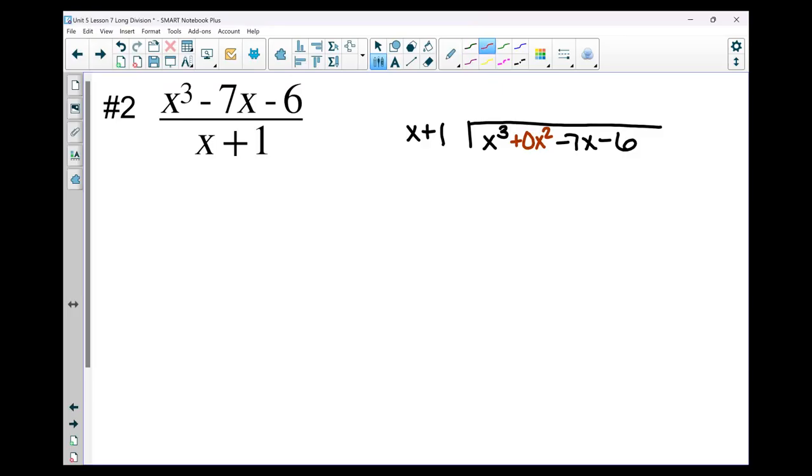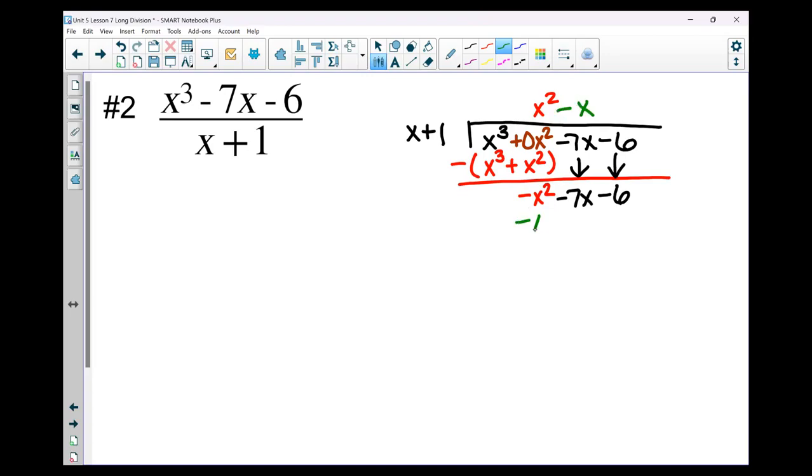We want to match the first term of the outside to the first term of the inside. If I multiply x by x squared, we end up with x to the third. Then I need to distribute, subtract, and bring down. Now we are matching x to negative x squared. If I multiply by negative x, I end up with negative x squared.